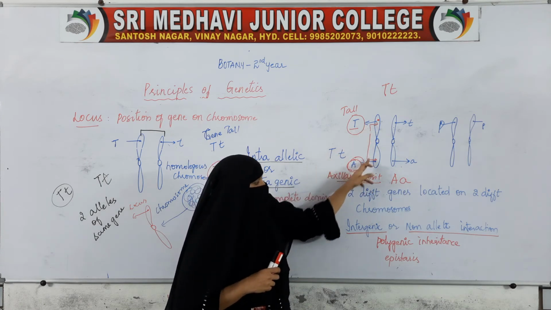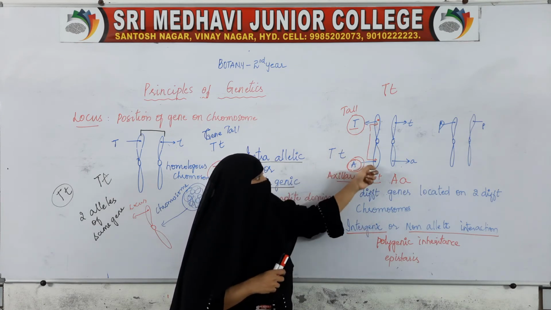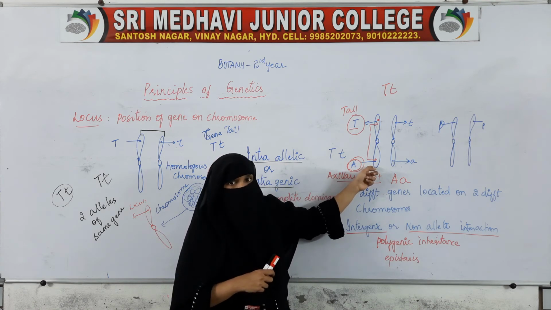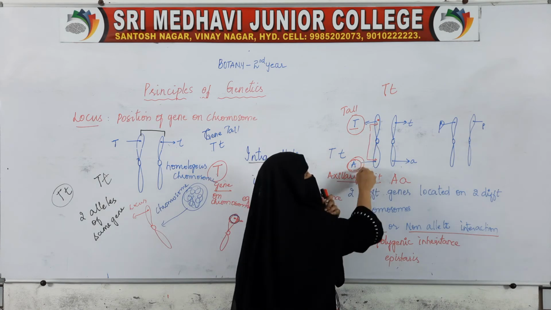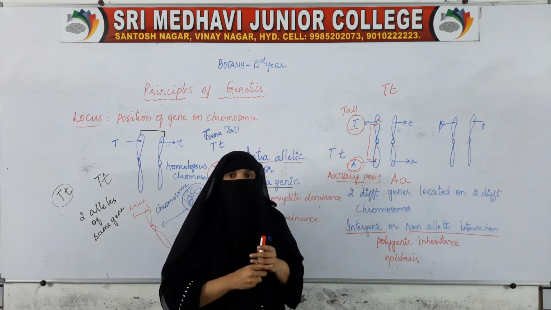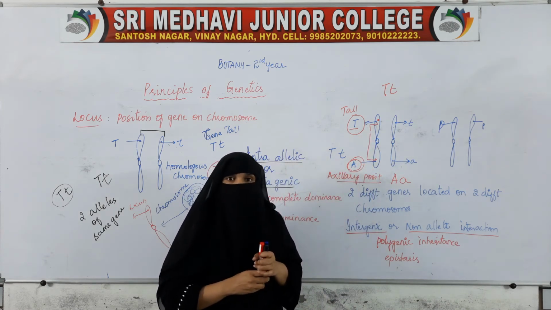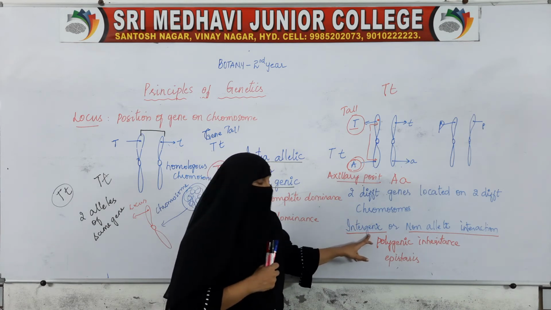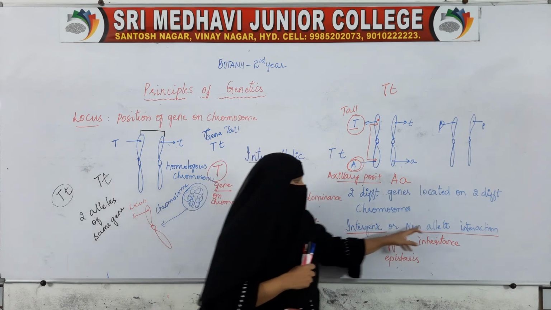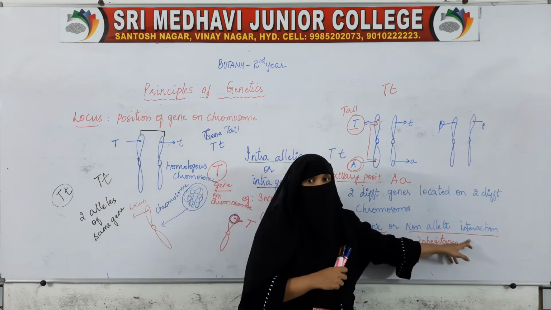So if there is interaction between two different genes, or between two alleles of different genes, then such type of interaction is called as intergenic or non-allelic interaction.